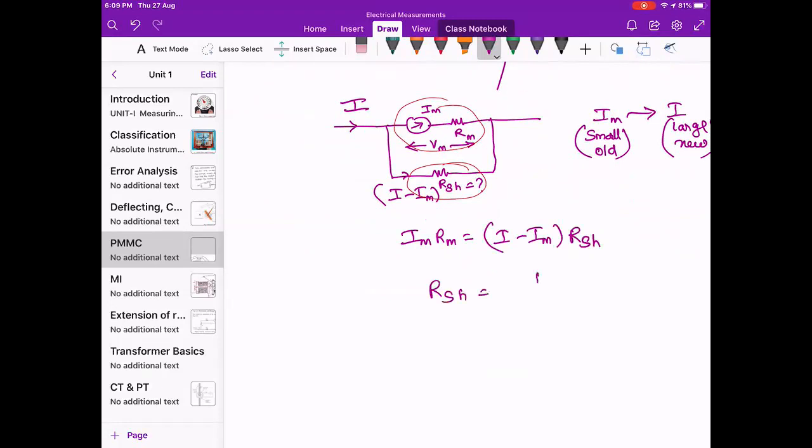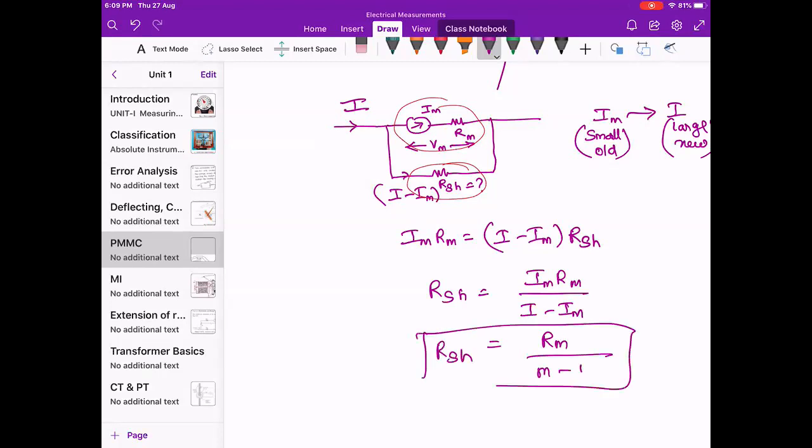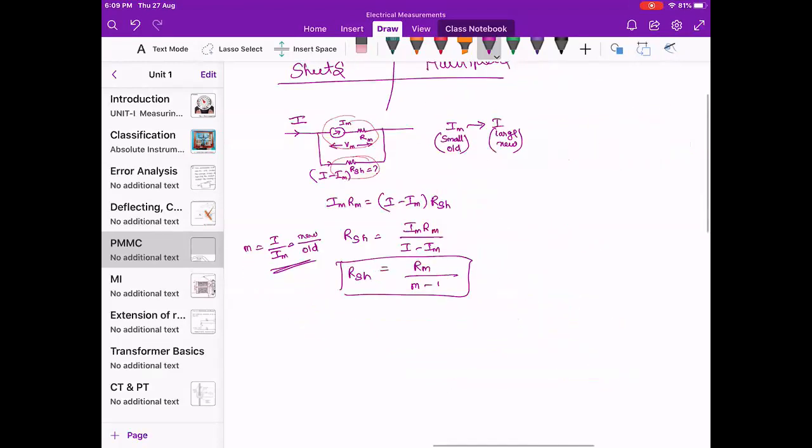R shunt is equal to IM RM by I minus IM. Now rearrange this one: R shunt is equal to RM by (M minus 1), and M is equal to I by IM, or new current by old current. You have to remember it like this. Okay, this is the procedure.